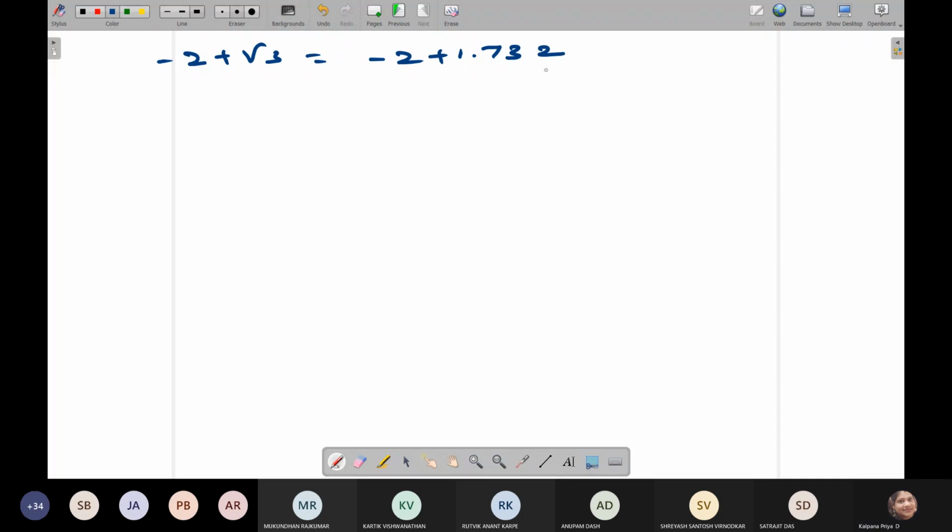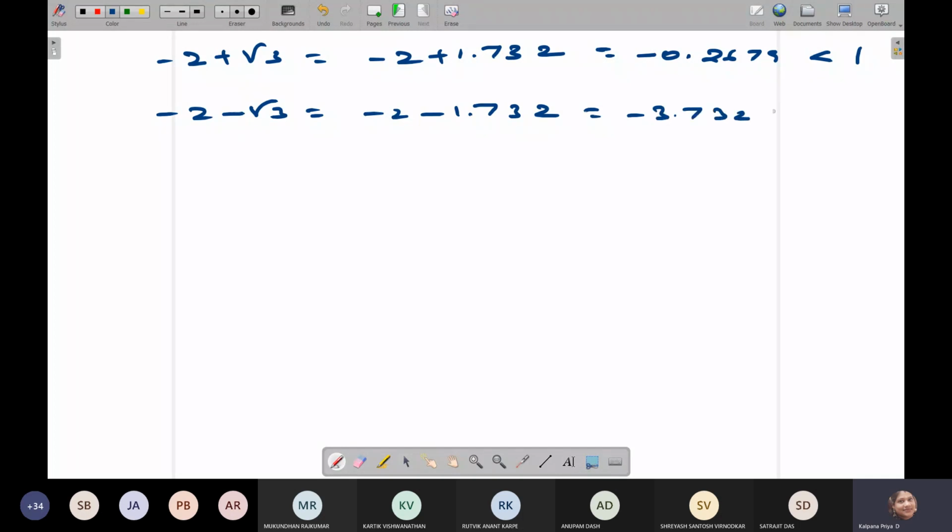Which is minus 0.2679, less than 1. So minus 2 minus root 3 is minus 3.732, which is more than 1 in magnitude. Therefore, z equals to minus 2 plus root 3 lies inside the contour C.